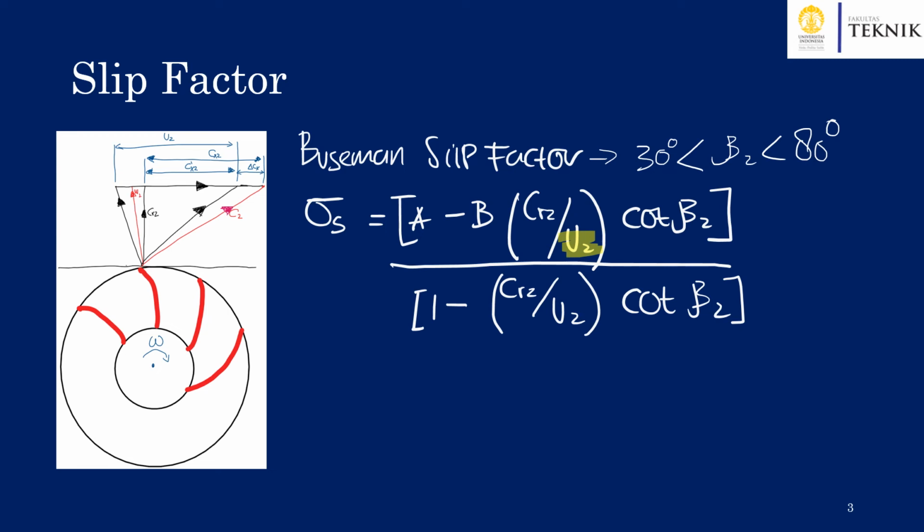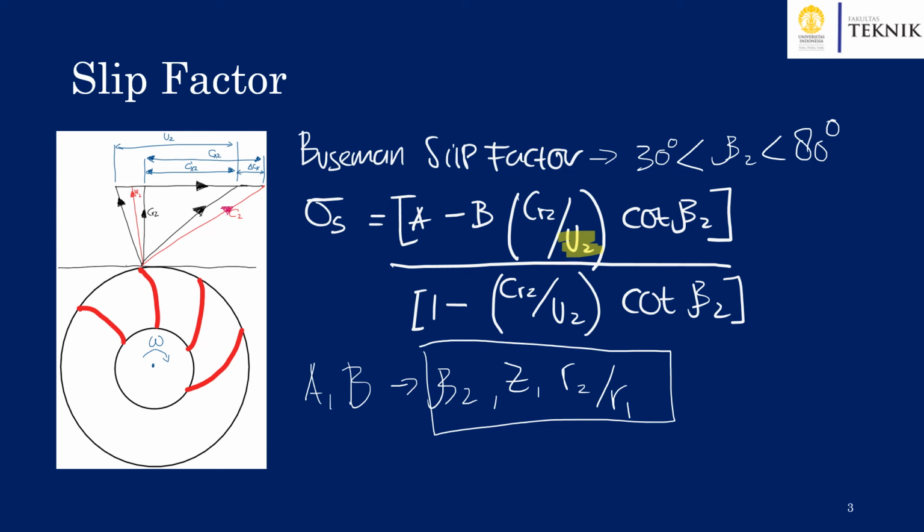Here we also have new parameters, A and B, which are functions of beta 2, Z, the number of blades, and the ratio of the radius of the impeller blades at the outlet and the inlet. This is the source for us to define A and B.